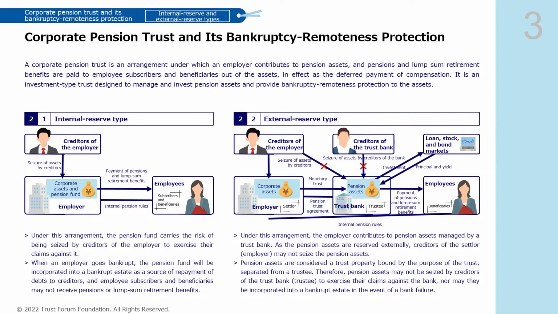Those trusts are called investment type trusts for having an investment function and bankruptcy remoteness protection designed to preserve the integrity of trust property. How are these functions applied to a corporate pension trust? Bankruptcy remoteness protection was incorporated into corporate pension trusts before an investment function was, which is a variation of property management functions.